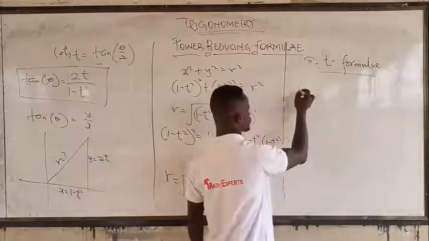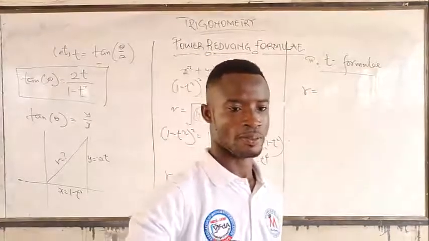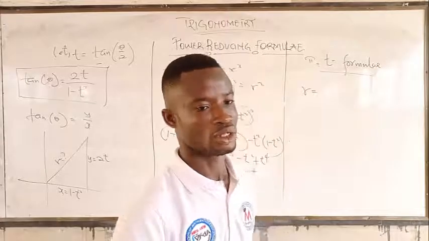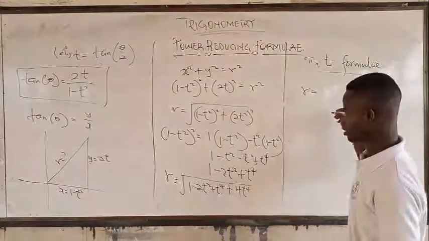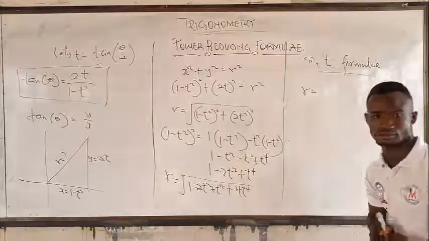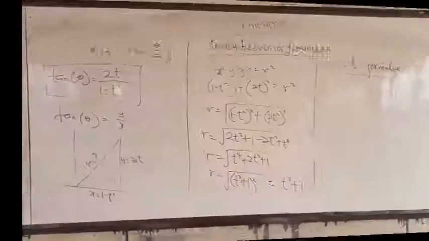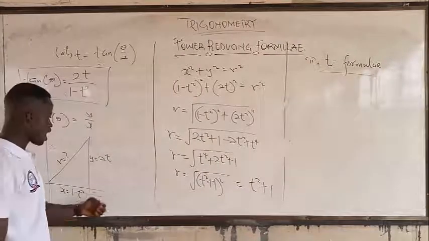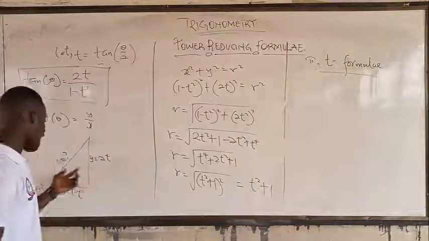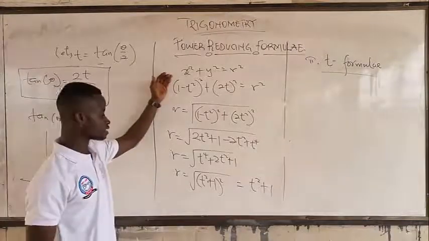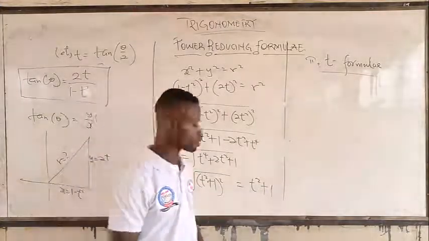So here, when you solve that, you get R to be equal to... So for us to go for sine and cos theta, we look for the R. That's the radius part, right? And that is going to give us t squared plus 1. This is just algebra. Very good.